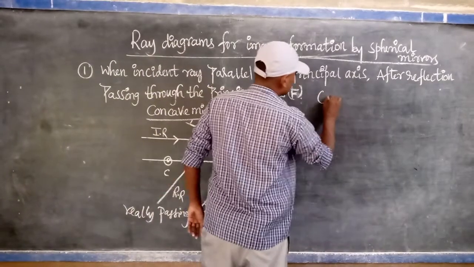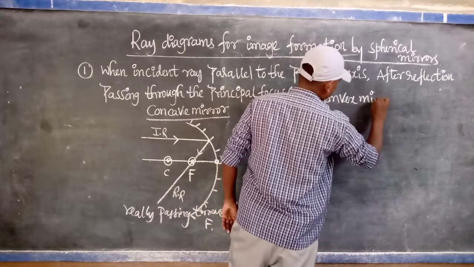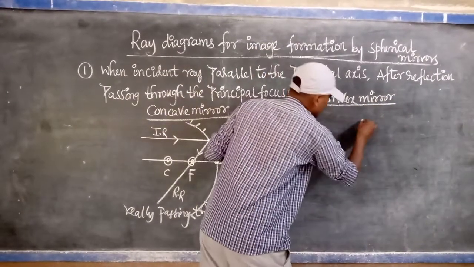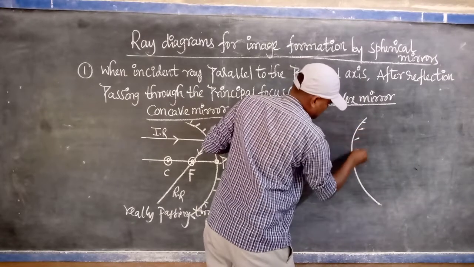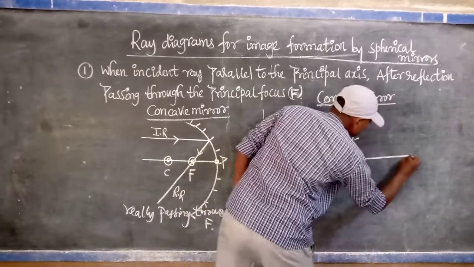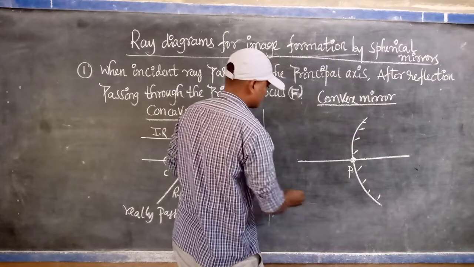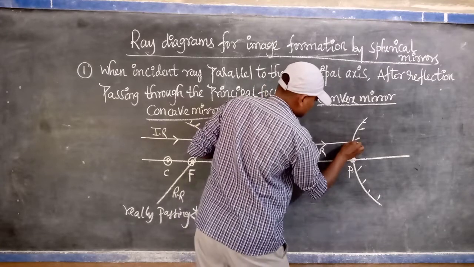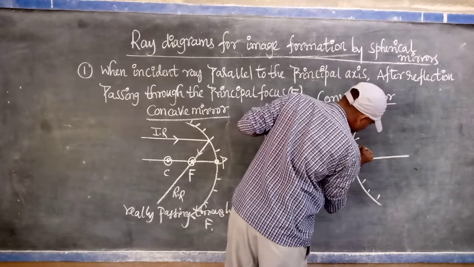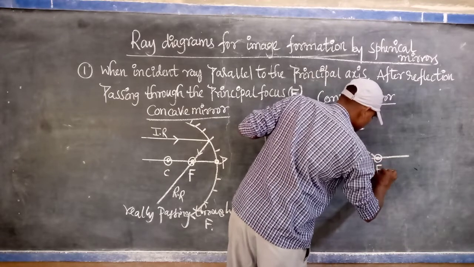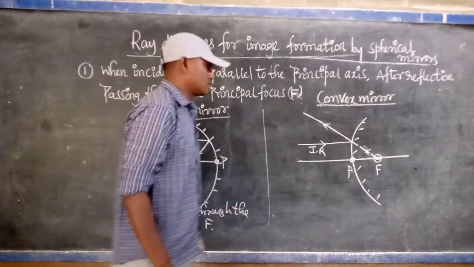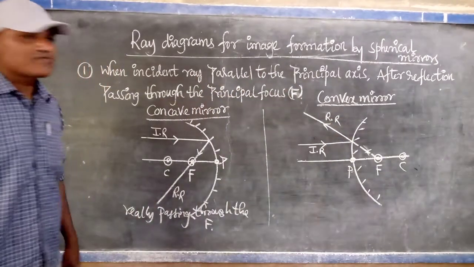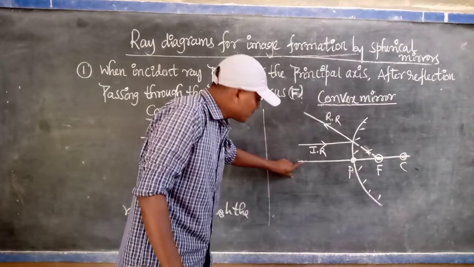But next, in a convex mirror, the incident ray is parallel to the principal axis.